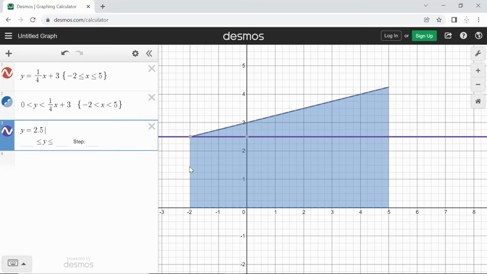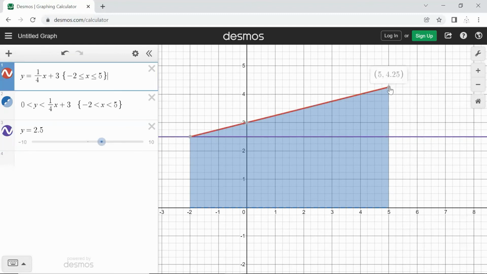The triangle goes from -2 all the way to 5. The height of the triangle goes from 2.5 to this point up here. Now, that point up there is 4.25. So the height goes from 2.5 to 4.25.